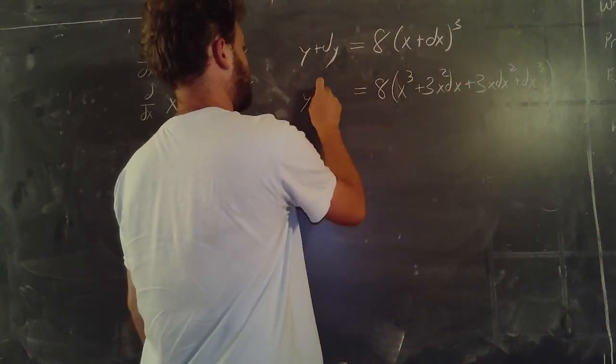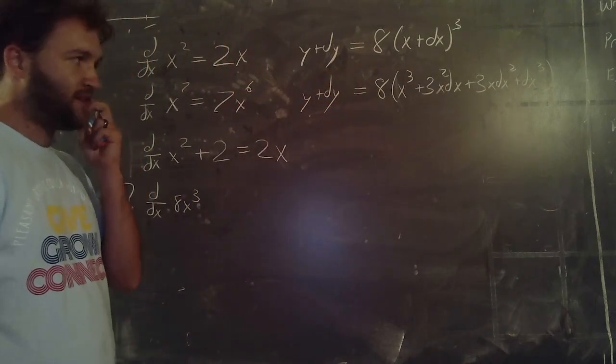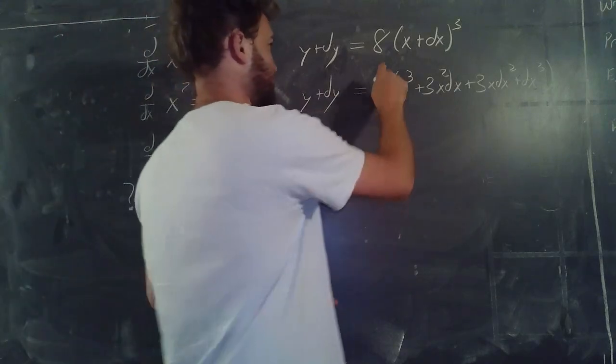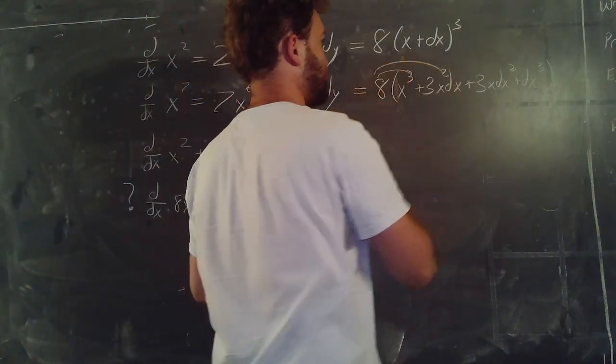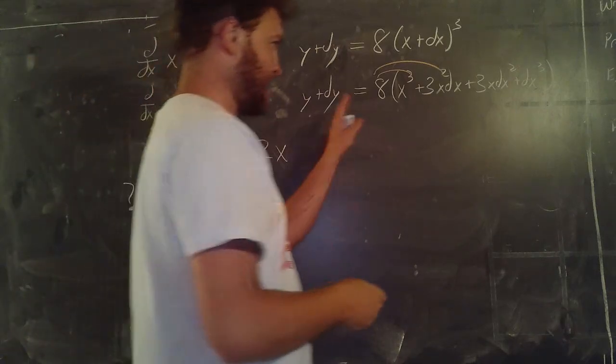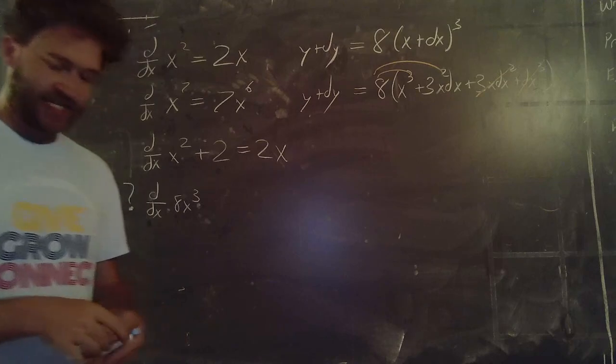And then we have our y plus our dy over here on the left-hand side. Okay, well then we have this distributive action where the 8 is being distributed over all of the terms. But remember that the 8 distributing to the dx squared, dx to the third term, we just ignore those because they 0 themselves.